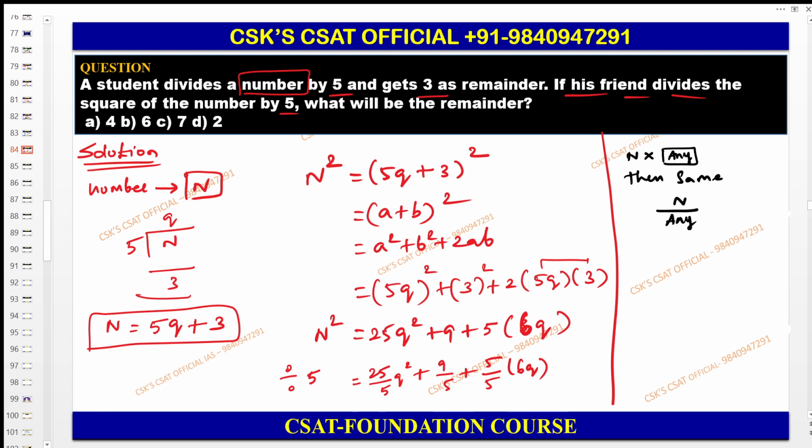Now when it is divisible by 5, this is 25. When we are dividing with 5, a remainder is what? 0. The question is dealing here with remainder. Please remember, the question dealing here is remainder. So therefore it gives you 0 as the remainder in the first case.